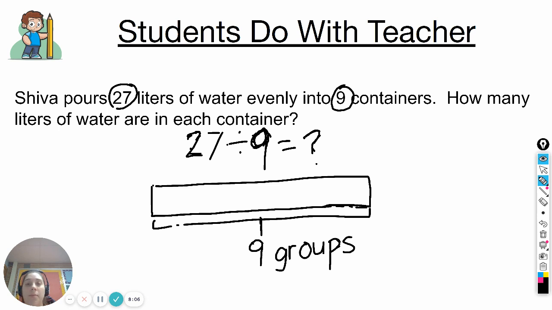Make sure you're writing along with me. Then, of course, we need to split our tape diagram into those 9 groups. 1, 2, 3, 4, 5, 6, 7, 8, 9. And double check. 1, 2, 3, 4, 5, 6, 7, 8, 9. Give you a little bit of time to make sure you have your 9 groups.